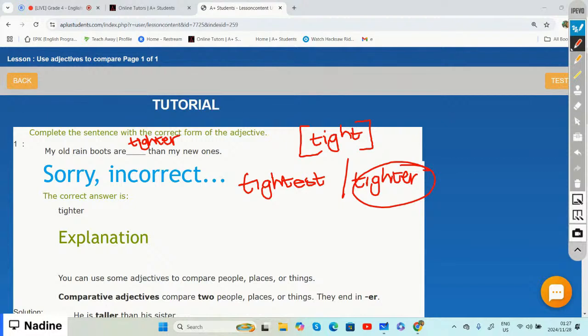So tighter than my new ones. So well done. Let's go into the next one because we use tighter firstly to compare two things.